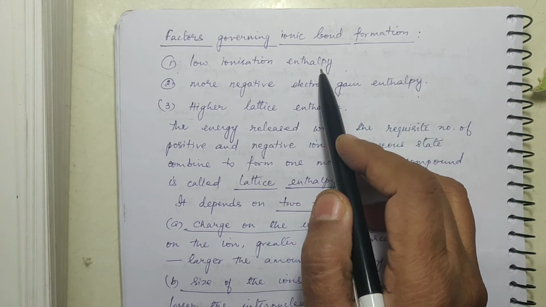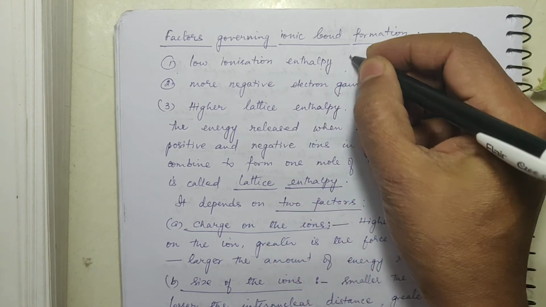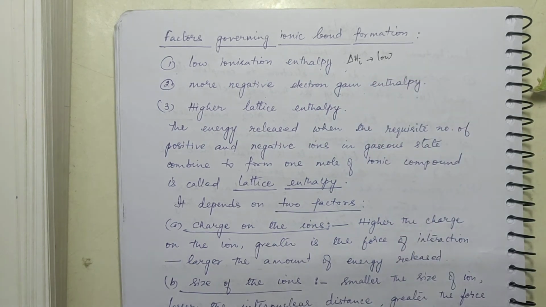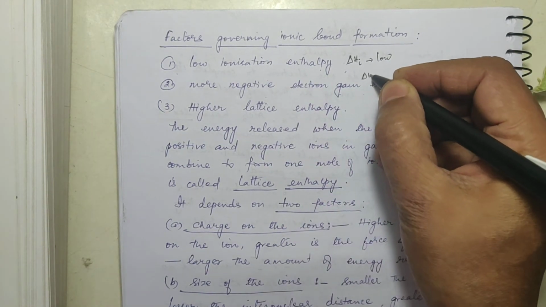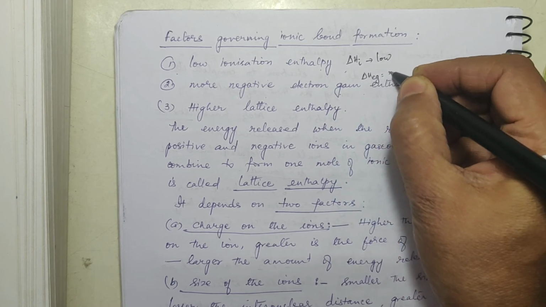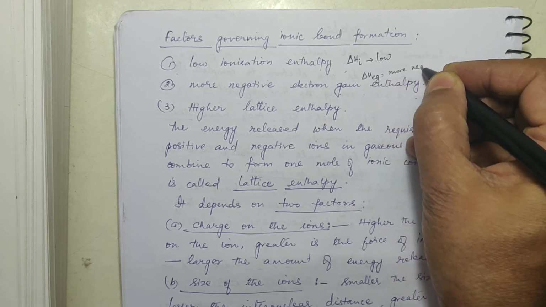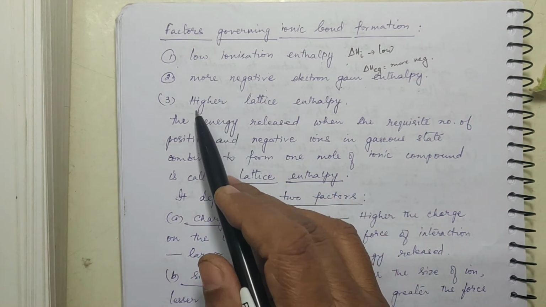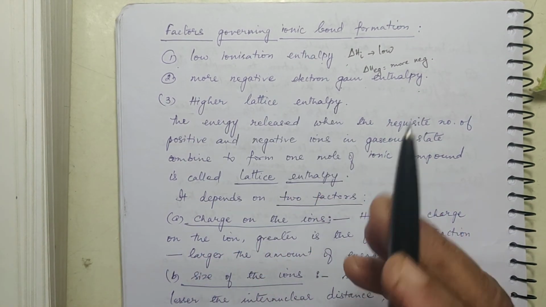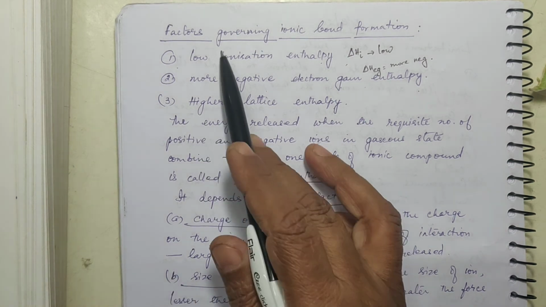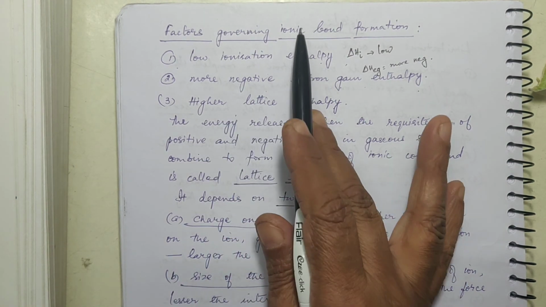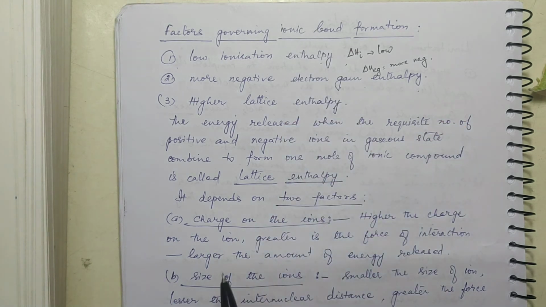And ionization enthalpy, that is delta Hi, should be low. And delta Heg should be more negative. And higher lattice enthalpy. Now, if these three conditions are appropriate, then only ionic bond formation is perfect.